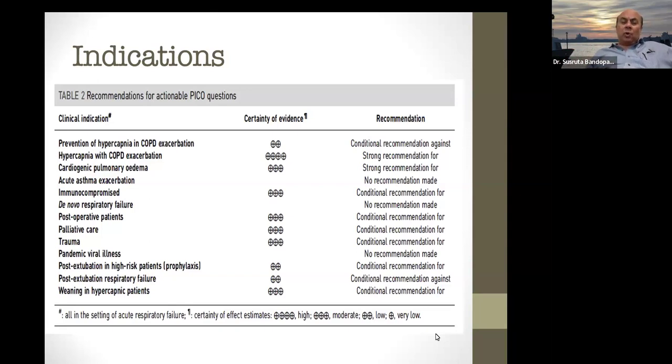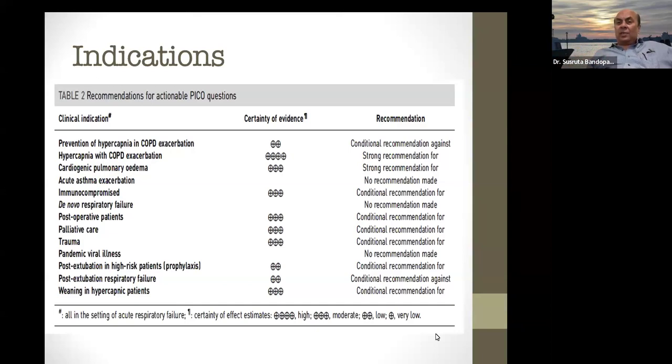Immunocompromised patients, where we want to avoid intubation because it might give rise to more infections.